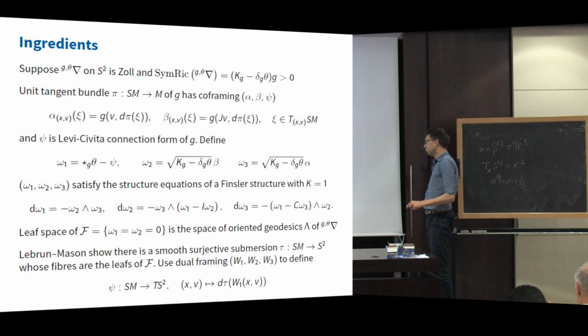And you can then use the dual framing to these one forms here to define a map from the unit tangent bundle into the tangent bundle of the two-sphere, and you get to prove that the image is precisely the indicatrix bundle of the resulting Finsler metric.